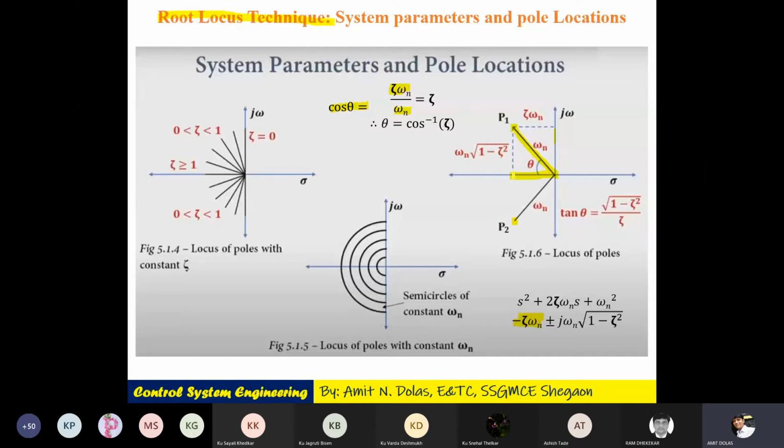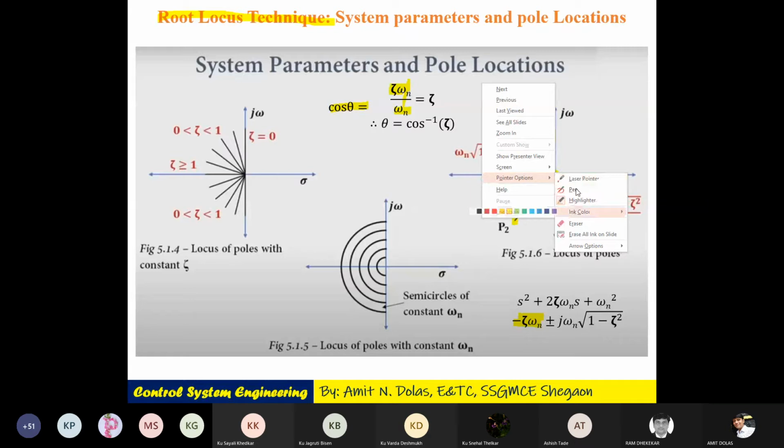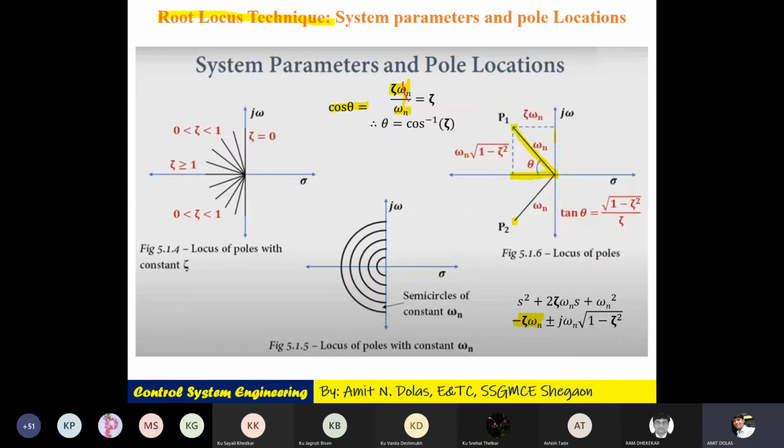Cos of theta will be zeta omega n divided by omega n, and omega n and omega n get cancelled, and it will be simply zeta. So your cos theta is nothing but zeta.